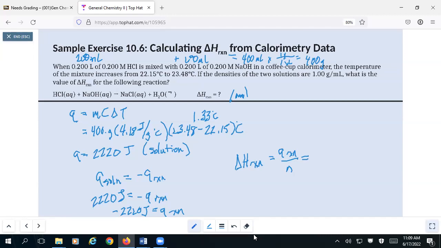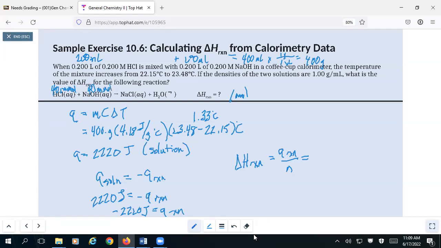And this is another one of those places where that millimole technique that we've been using really comes in handy. We can see that we've got 200 times 0.2. Well, 200 times 0.2 would be 40 millimoles of the acid, and we've got the same amount of base.